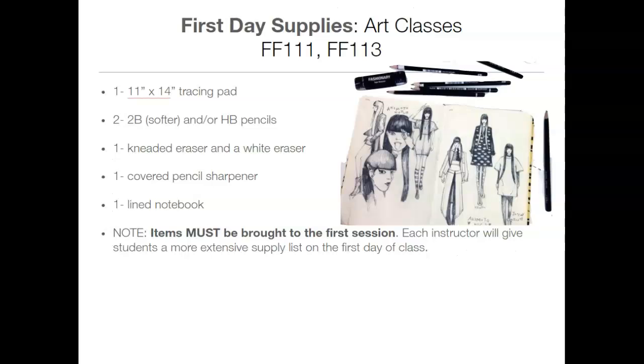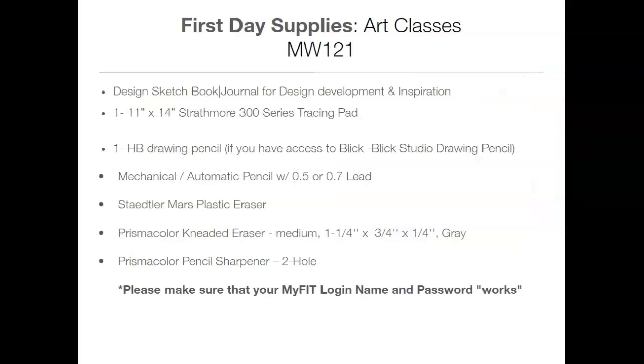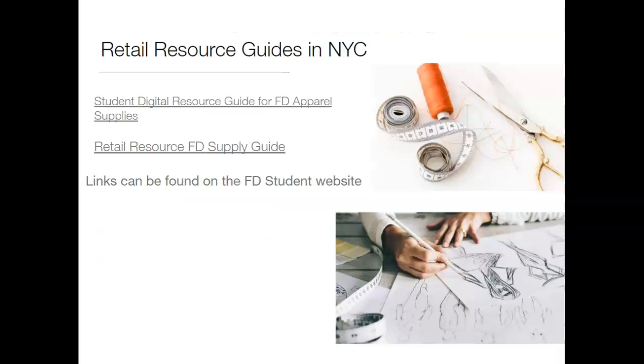The first day supplies required for your art classes, FF 111 and FF 113, are as follows. And this is a supply list for menswear 121, MW 121 art class.